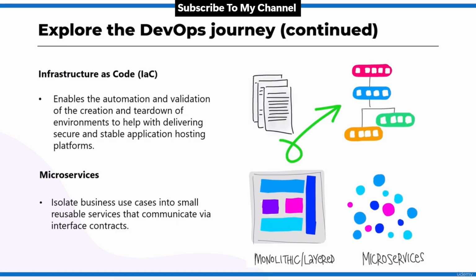In traditional days, we used to use a monolithic or multi-layer architecture, which you also used to call an entire architecture kind of thing. But in modern days, when you are using DevOps, most of the time we restructure our application into a microservice architecture where everything is loosely coupled and independently deployable.